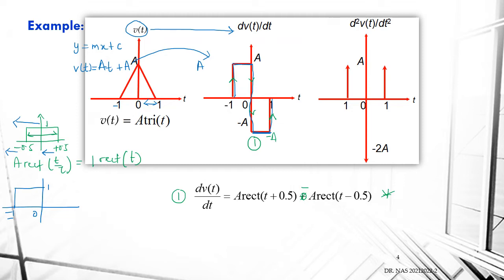The amplitude is still 1, or in this case, the amplitude is A. So that's why you get A rect(t + 0.5), the signal shifted to the left. Minus the right hand side, A rect(t − 0.5), the signal shifted to the right by 0.5.